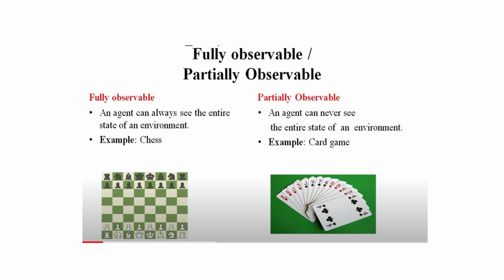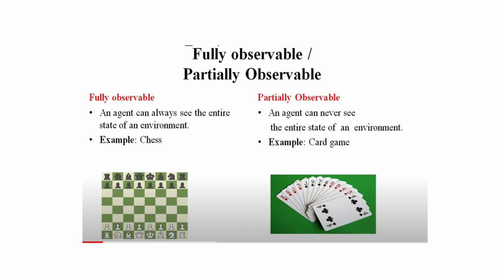Each player will be holding cards after shuffling. There will be diamond, club, and so on. So an agent cannot see the entire set of information. Some information may be hidden or uncertain.